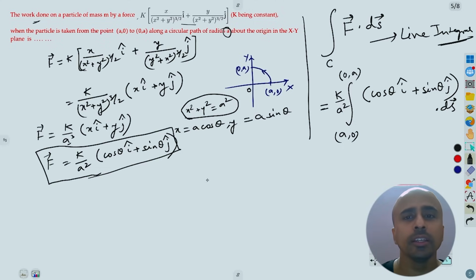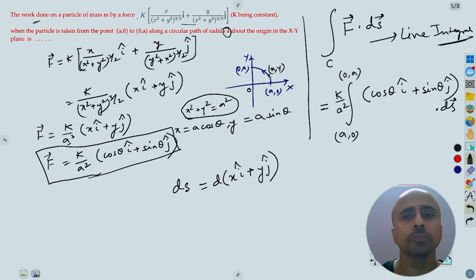So what is our ds? What is our ds? So our ds is basically, we can write this as x I cap plus y j cap. Okay, because at any arbitrary point the coordinate is x comma y, right?